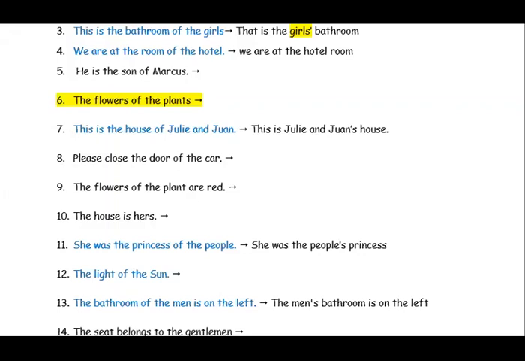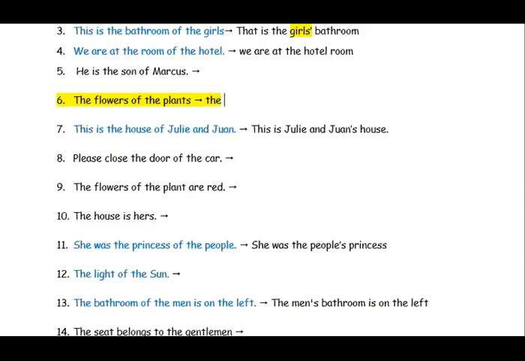Good, Wolf, but where does the apostrophe go? If you put the apostrophe before the S, that would mean that there's only one plant. But in this case, there are many plants. So guys, let me give you the answer.